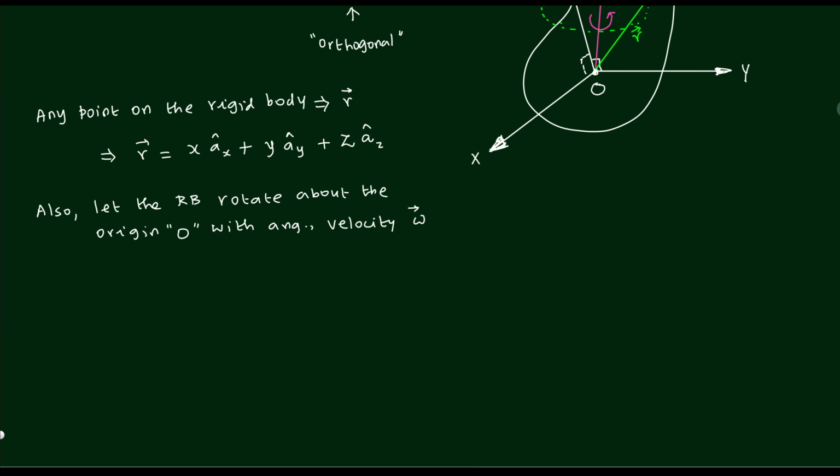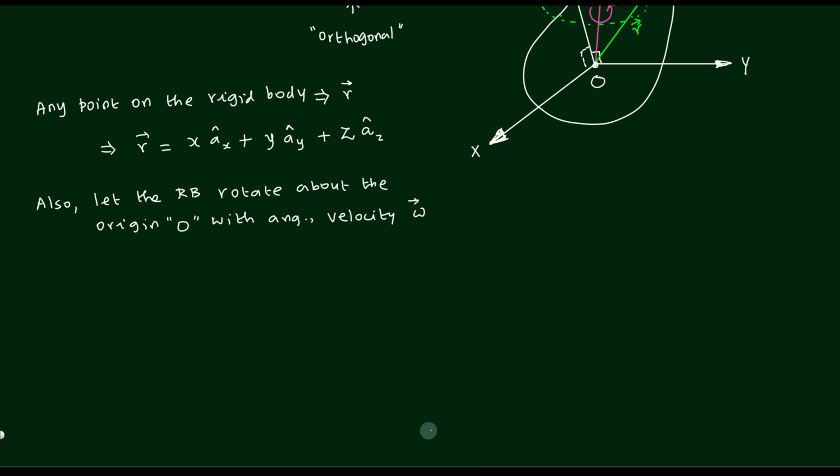And once this is clear, let us write down the expression for angular momentum. We are going to use the standard definition, so I'll write down that it is by definition.